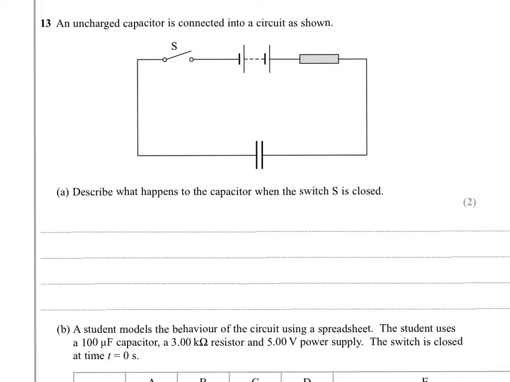So you've effectively got charges being shifted from one side of the capacitor and deposited on the other. And that will continue until the voltage on the capacitor is the same as the supply voltage, at which point the current will stop.